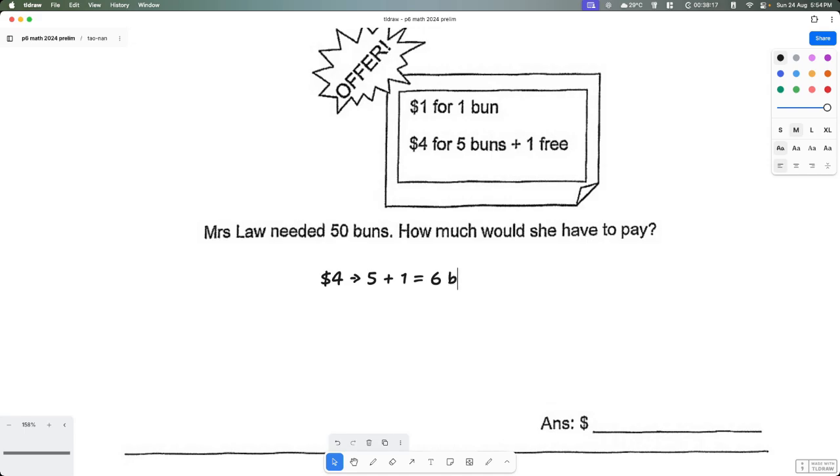So the number of bundles is equal to 50 divided by 6, which is 8, remainder 2, since 6 times 8 is 48.